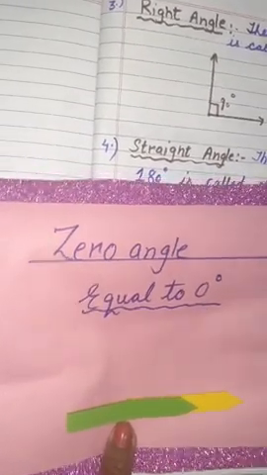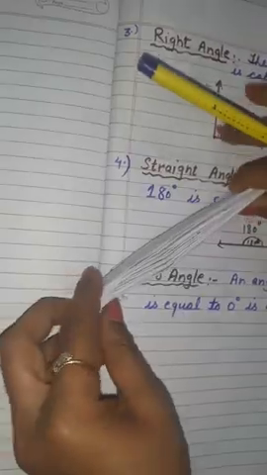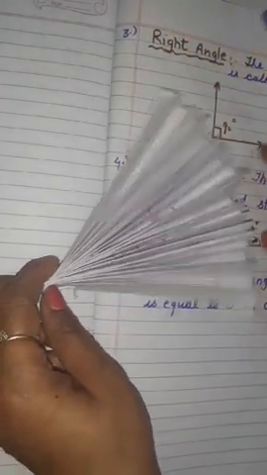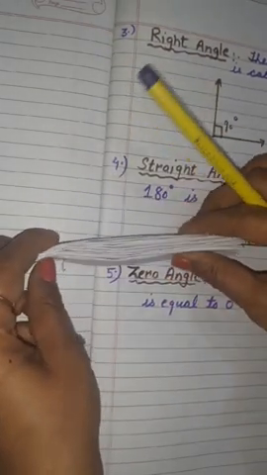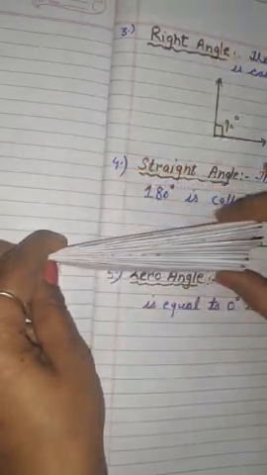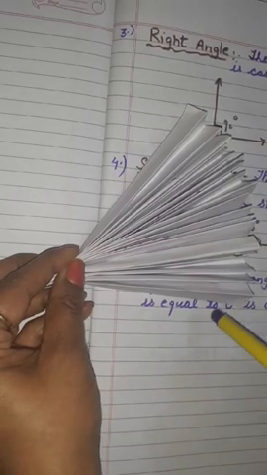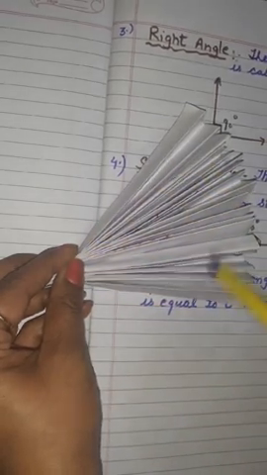Now let us learn this through one more example. I have this paper fan here. When I fold it like this, if this is your baseline and I open it a little bit, it is making an acute angle, as we can see that it is less than 90 degree.